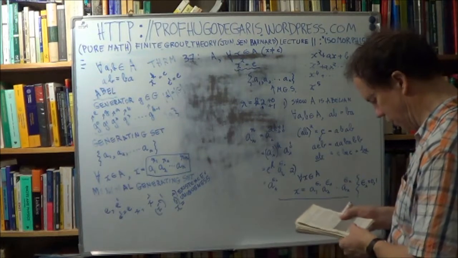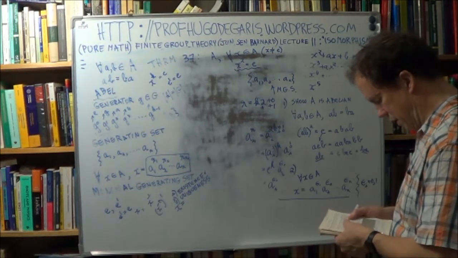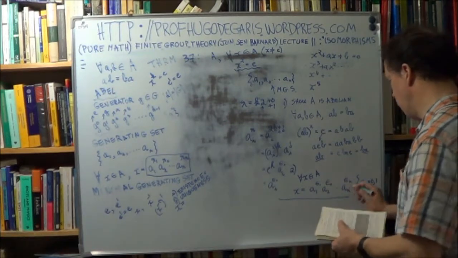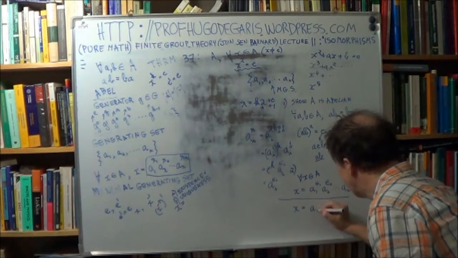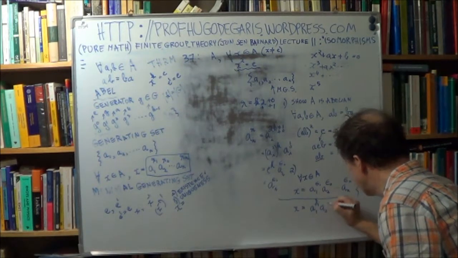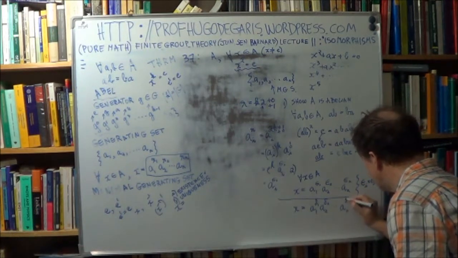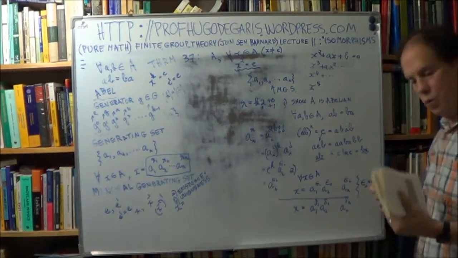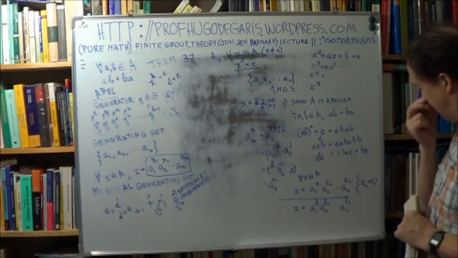So we'll just assume that there's a second form. So we'll rewrite x and we'll call it delta 1, a to delta 2 dot dot dot, a to the n delta n, right? So we're assuming that there's a second way to write this.